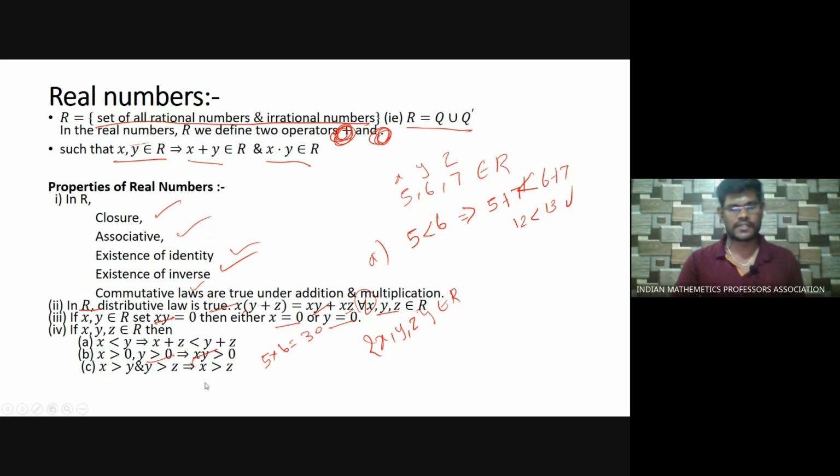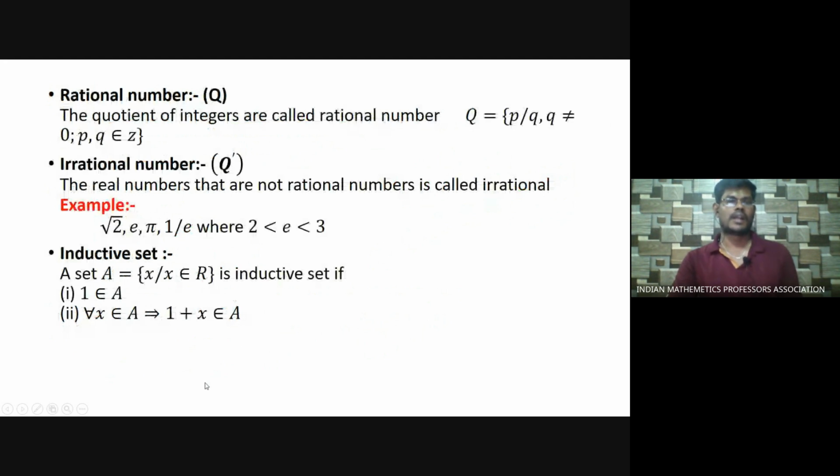Okay, so these are the fundamental results. Next, we will learn about rational numbers and irrational numbers. The quotients of integers are called rational numbers. Already we have defined this in the previous manner as well. Suppose we have here one of the mathematical concepts.